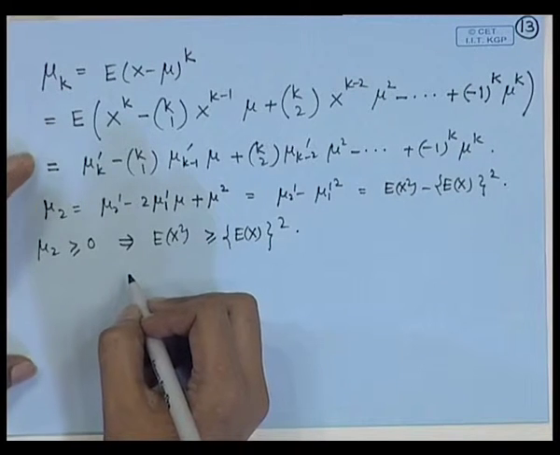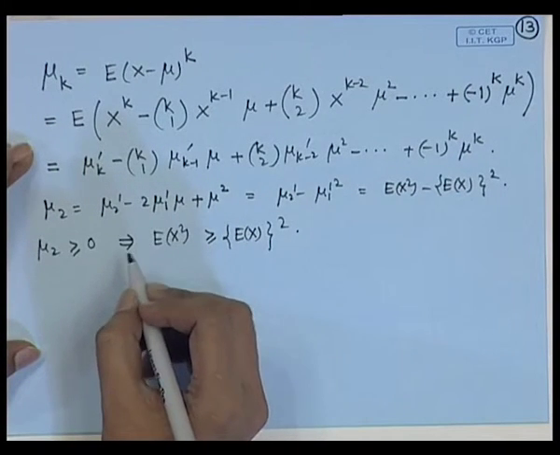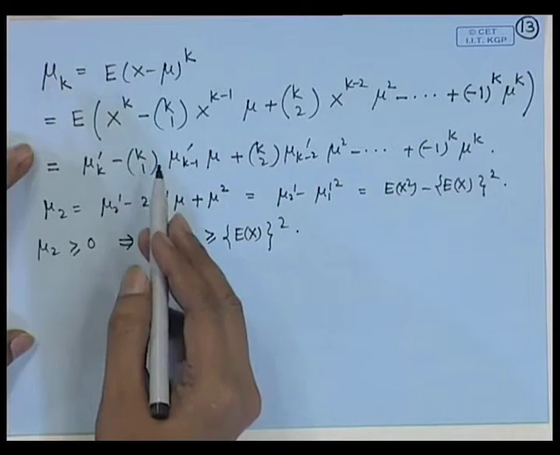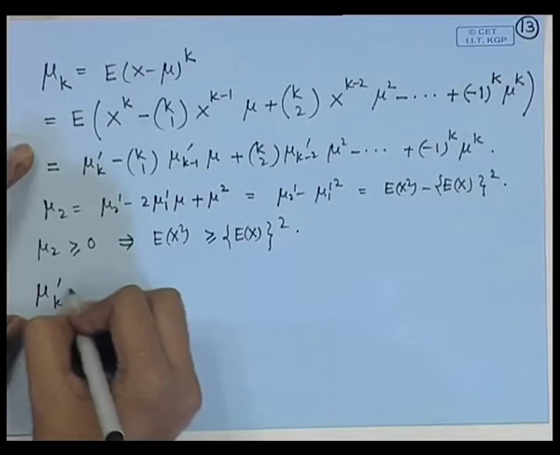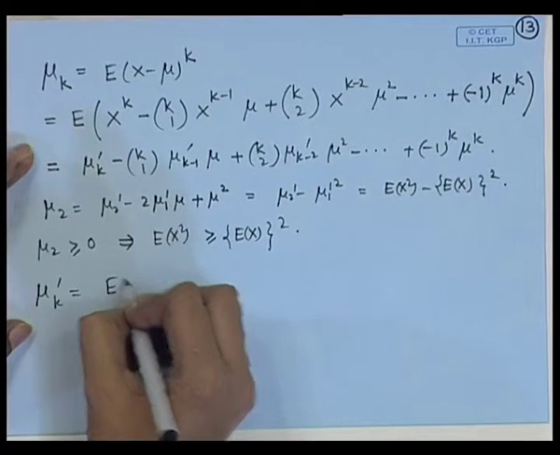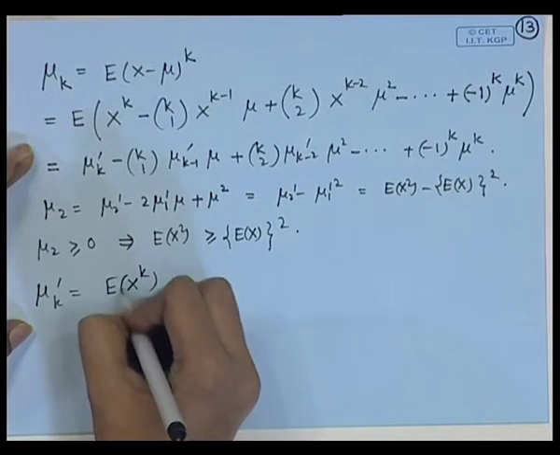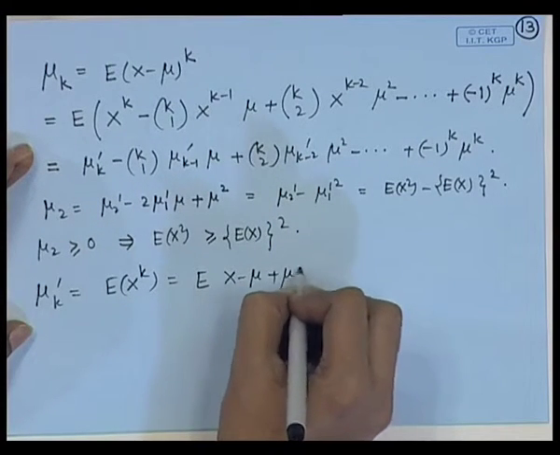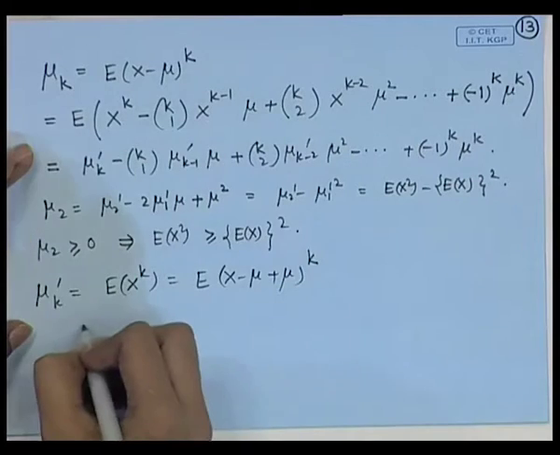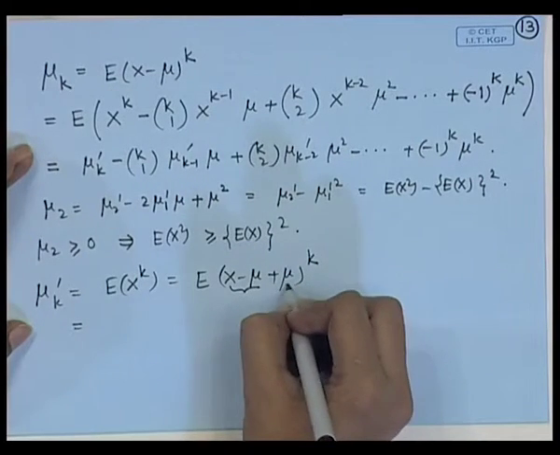We also have a relationship between non-central moments and central moments in the reverse direction. That means, we may interpret mu k prime as expectation of (x minus mu plus mu) to the power k. Here we consider this as one term and this as another term.